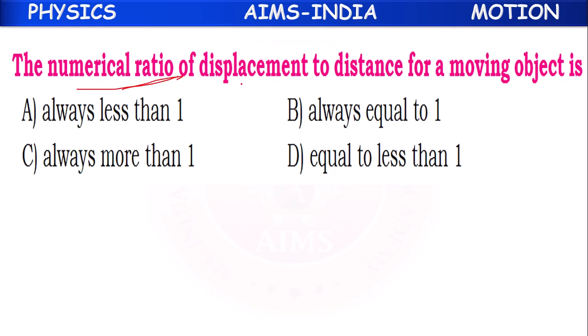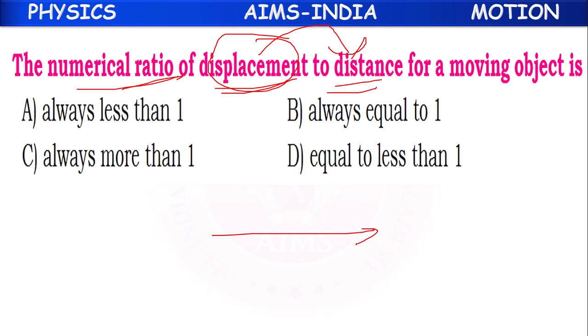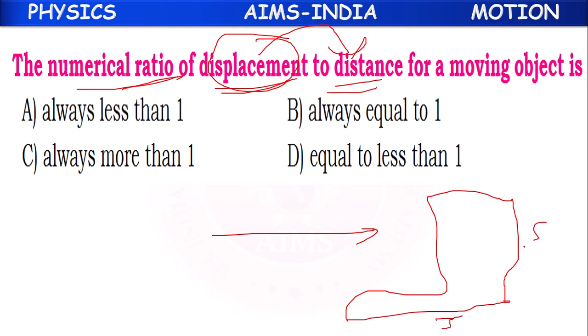The numerical ratio of displacement to distance. Displacement is always less than or equal to distance. If they go in a straight line, they are equal. If they follow a curved path, displacement S bar is smaller than S. So the ratio is equal to or less than 1.